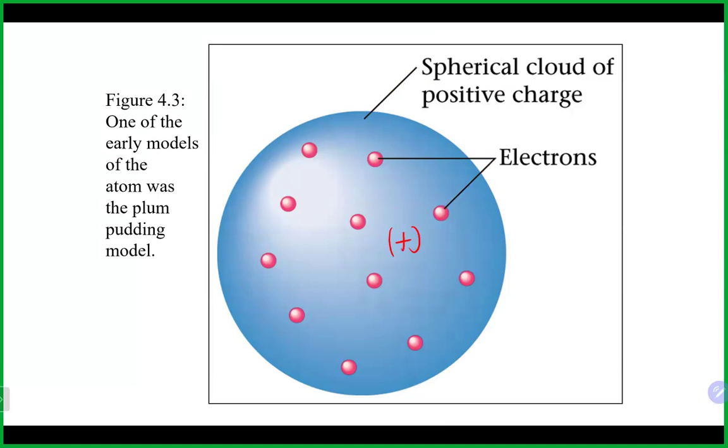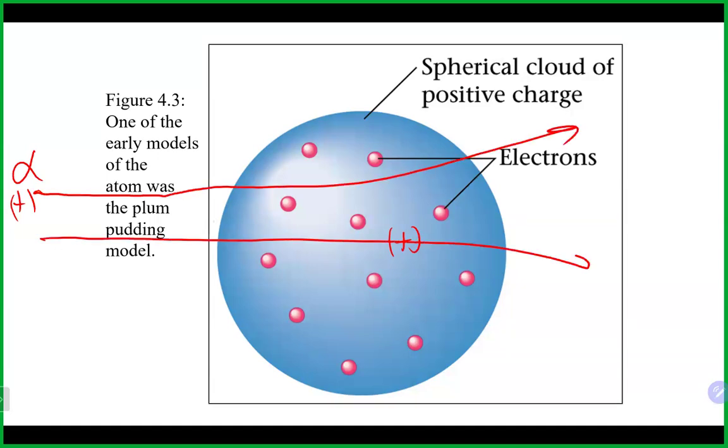He anticipated that he was going to shoot these alpha particles, which are heavy, positively charged particles moving pretty fast. As he shot these positive particles at a positively charged atom, he expected them to pop through with some deflection.